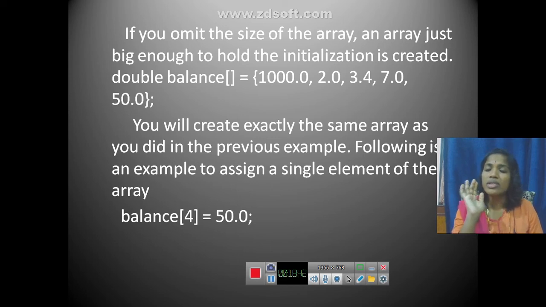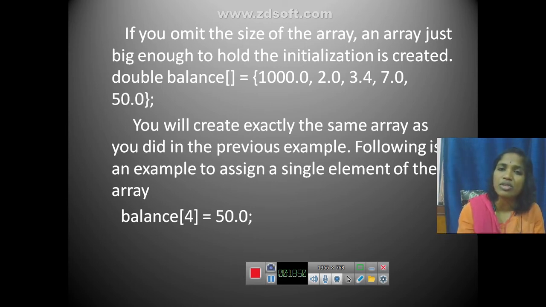That means whatever values you give, the array is created to fit them. So what you are initializing, 1000 is initialized at balance 0, then balance 1, balance 2, balance 3, and 4. So you will create exactly the same array as you did in the previous example.